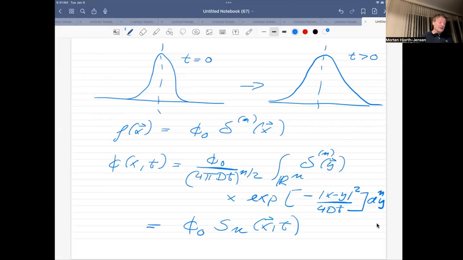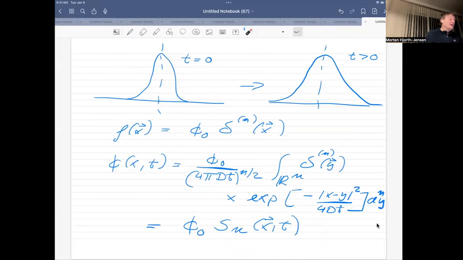And this spreading out is given by this distribution, Sn of x of t, which again is a Gaussian. So phi x of t is given by this fundamental solution of the diffusion equation, which we label as Sn of x of t, which is a Gaussian.